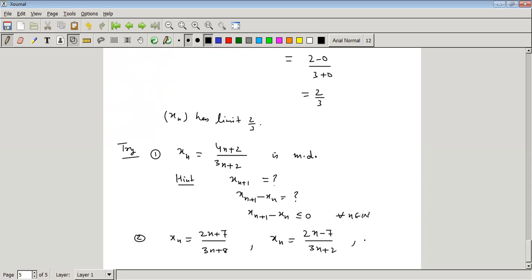All these are similar to the example we have discussed. So these are 4 examples. You have to check whether they are monotonically increasing or decreasing, and second, also check that they are bounded and find the limit. Try all these questions. We will discuss more examples related to monotonic sequences in the next lecture.